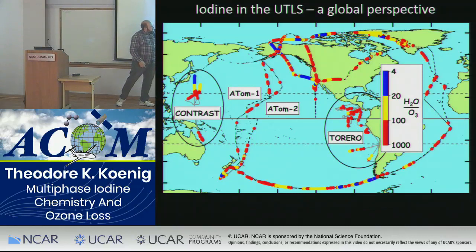So I'm going to use that water to ozone ratio, and the red points here, I'm going to call upper tropospheric, blue points lower stratospheric, and the yellow points are this intermediate regime. From a dynamics perspective, we would probably give different definitions to each of these bins based on the latitude bin, but big picture wise, I'm just going to say lower stratosphere, upper troposphere, something in between.